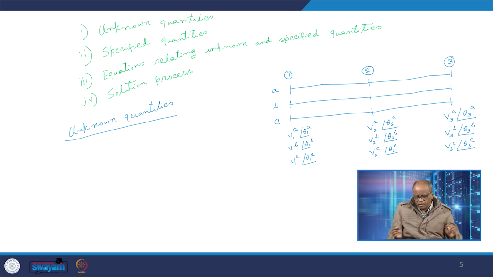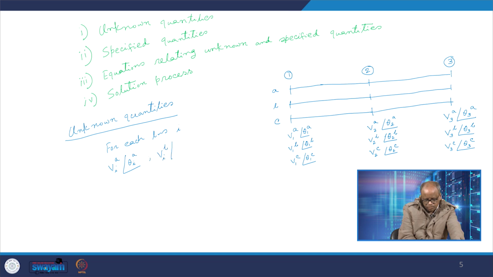So for an n bus system, for each bus i, my unknowns are VIA, theta IA, VIB, theta IB, VIC, theta IC. So total 6 quantities.